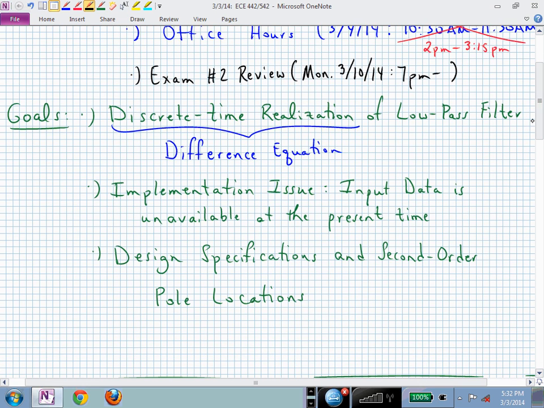We can then see that occasionally we might need to have a constraint on the implementation, meaning we may not be able to immediately measure the input and inject that into the output of our expression, meaning the input at time n may not be available when we're trying to generate the output at time n. And for that reason, we will have to do some changes to our zeros at infinity development.